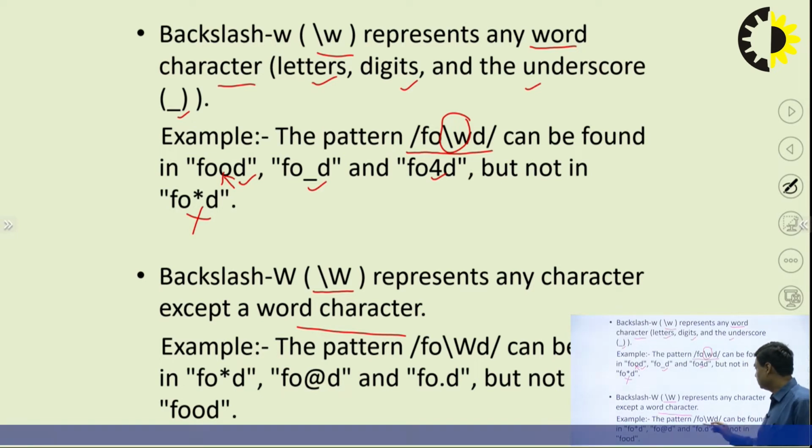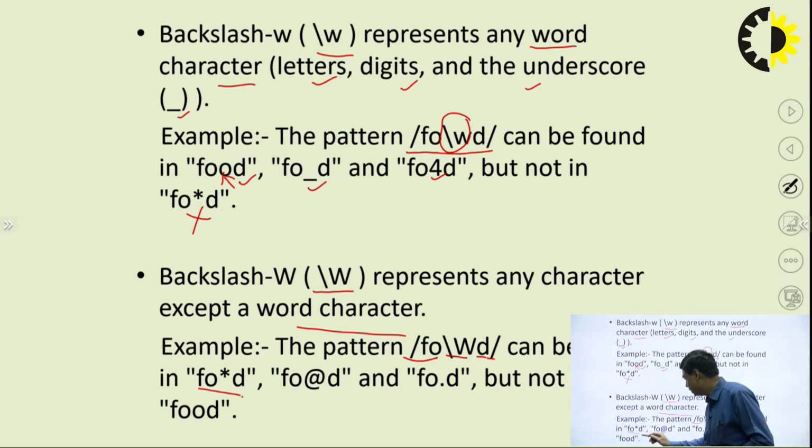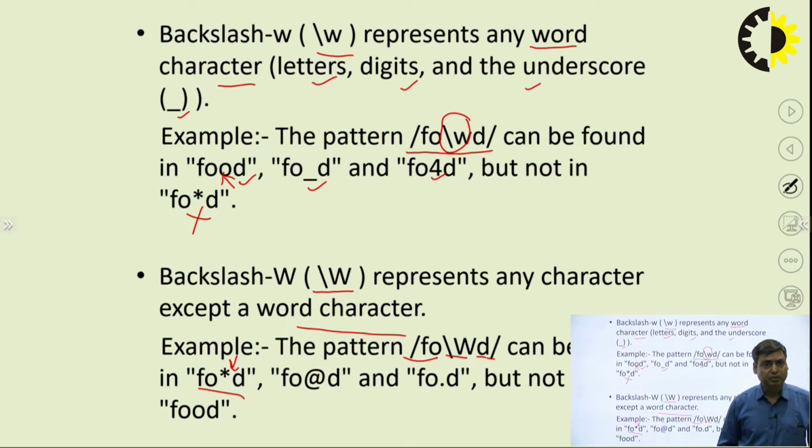So the pattern is FO backslash W, and then we have D and D10. So you can see it can be found in this string because at this position we have a star, which is permitted because it is already mentioned except word character.